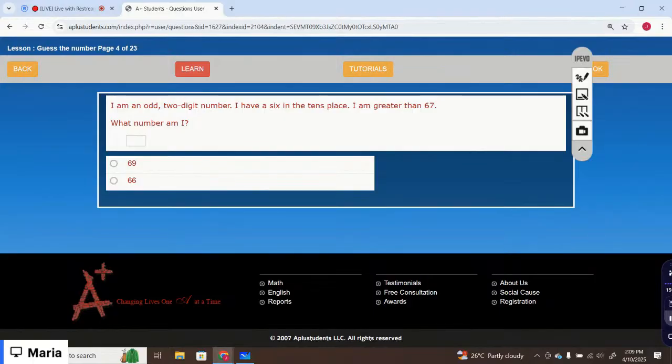I'm an odd two-digit number. I have a 6 in the tens place. I'm greater than 67. So which number is it?